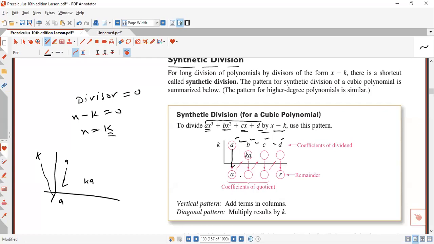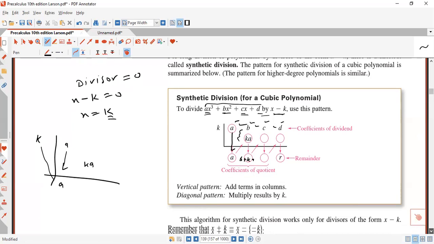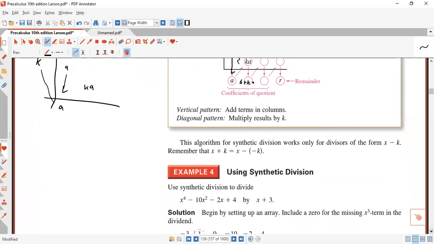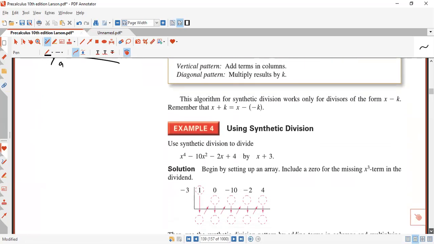So b plus ka, and again you follow the same pattern: multiply with k and add with the next term. So we are getting this idea from an example, which will be easy for you.